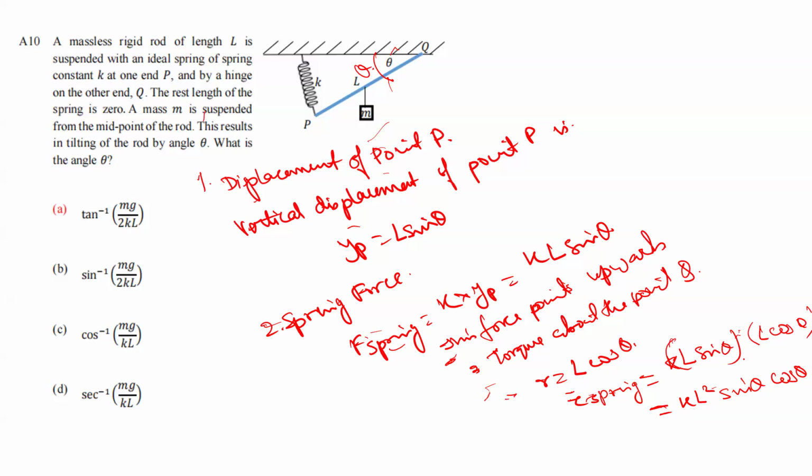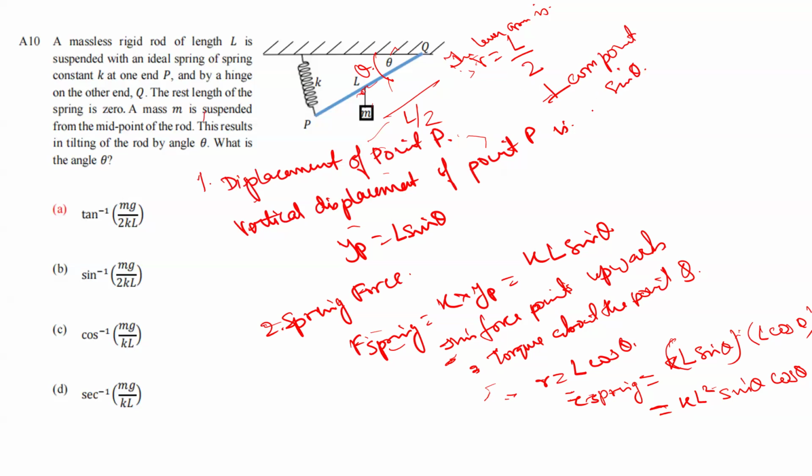The torque from the mass: the weight acts vertically downward. The mass is located at L by 2, so it is located at the middle. The lever arm is r equal to L by 2. The perpendicular component is sine theta.